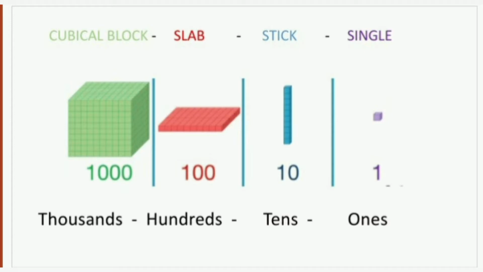If a stick, which is shown here in blue color, it represents 10. If I want to show 100, then you will see the figure shown in red color, and we will say slab. Now coming to the fourth part, that is a cubical block. When it's shown over here, it represents thousands, right?